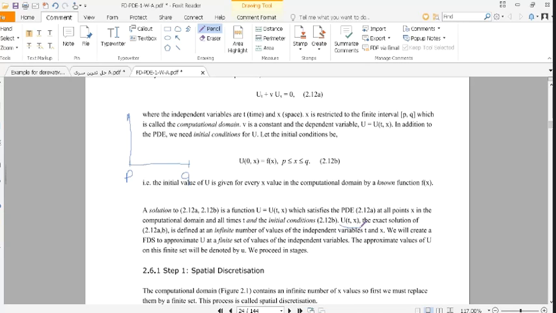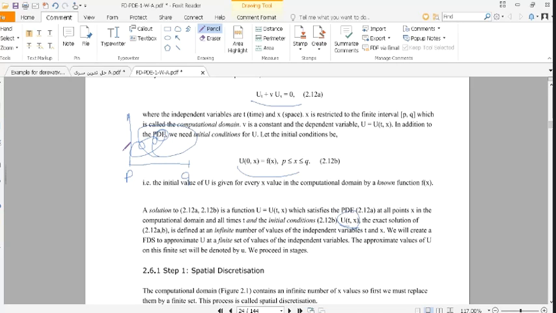Exact solution means the u of t and x that satisfies the PDE and also the initial condition for all points in the domain, meaning all points from P to Q for the computational domain and for all values of t.